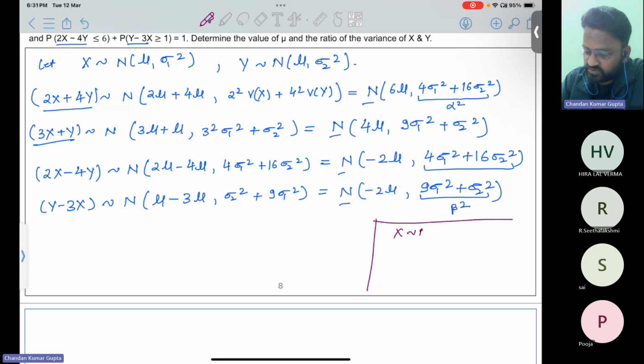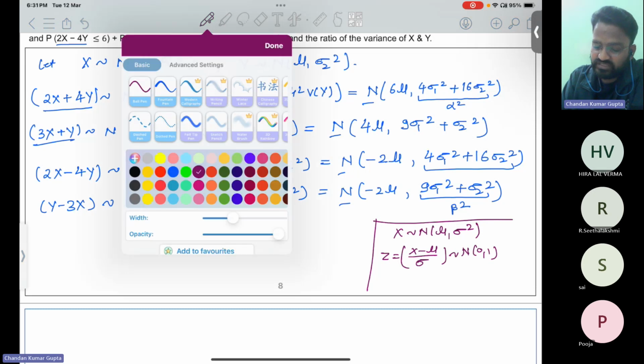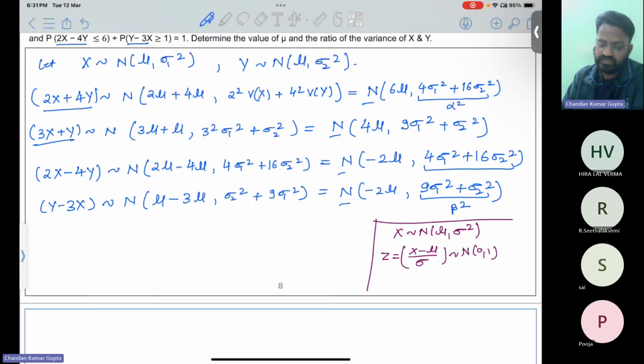Suppose x follows a normal distribution with mean mu and variance sigma square, then z, which is a standard normal variate, is defined as x minus mu upon sigma, and it follows normal 0, 1. Use the similar concept. So first, 2x plus 4y.